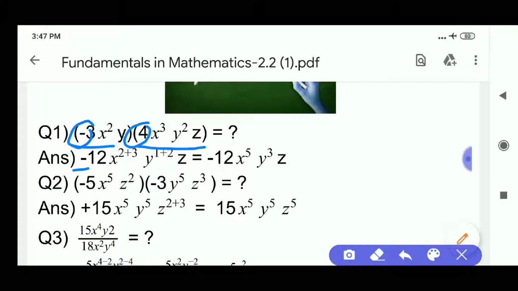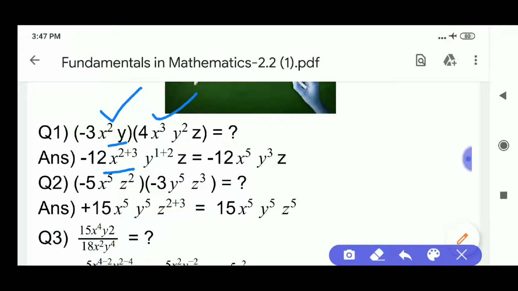Now multiply the numbers. 3 into 4 is 12. And observe here, it is x square and it is x cube. x square into x cube becomes x power 2 plus 3. According to the formula, a power m into a power n is equal to a power m plus n.